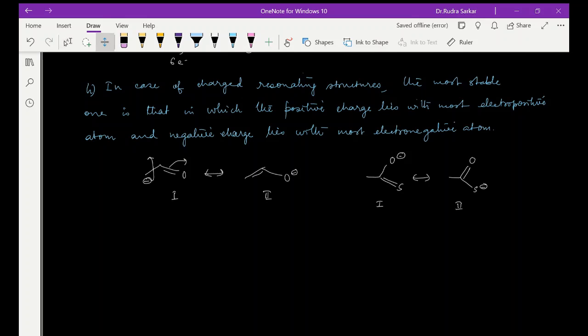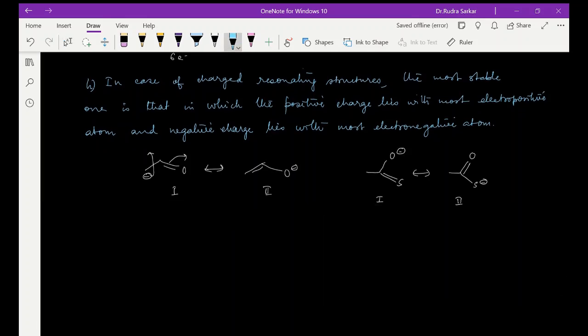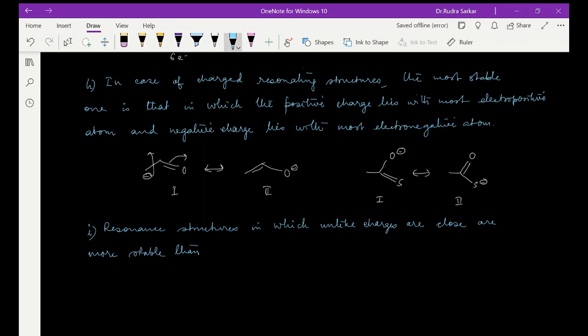Okay, what is the other rule? Resonance structures in which unlike charges are close are more stable than when the charges, that is unlike charges, are far apart.